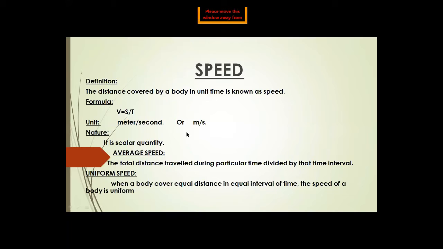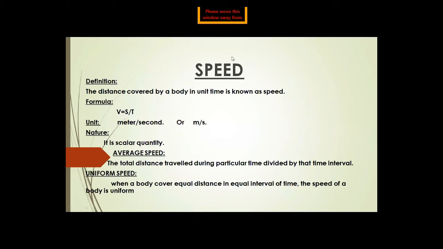Mean, if we are covering some distance, then we will consume some time. So it means that is the ratio between the distance and time. So it will become another physical quantity that is said to be the speed.